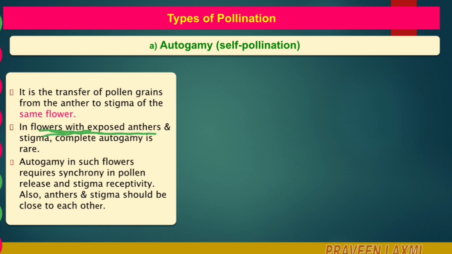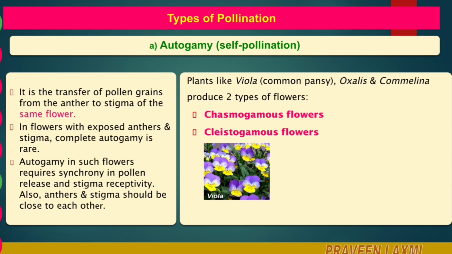It should have exposed anther and stigma. Such flowers require synchrony in pollen release and stigma receptivity. Some examples are Viola, Oxalis, and Commelina, which produce two types of flowers. What are the two types of flowers seen in nature? Chasmogamous and cleistogamous.